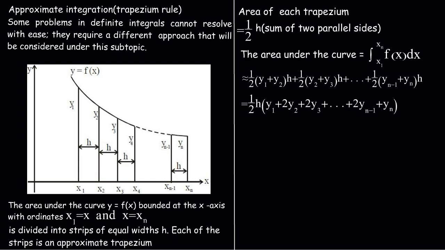Simplifying further, it will be equal to half h in bracket y1 plus yn plus 2 in bracket y2 plus y3 plus y4 and so on to yn minus 1.